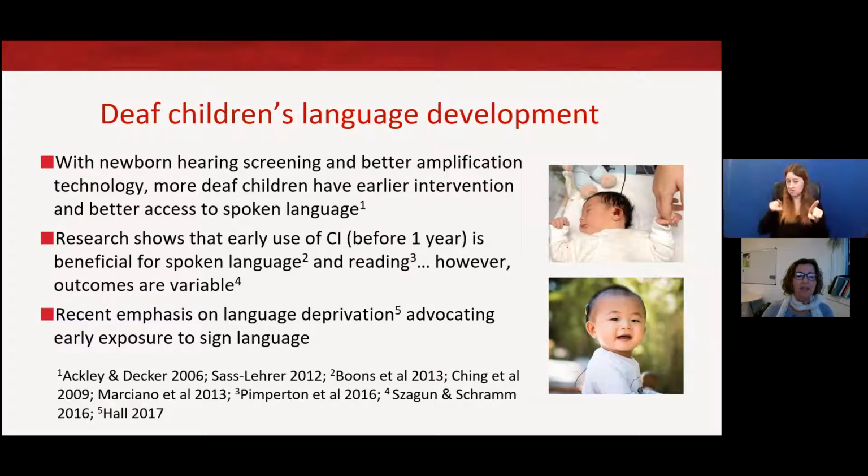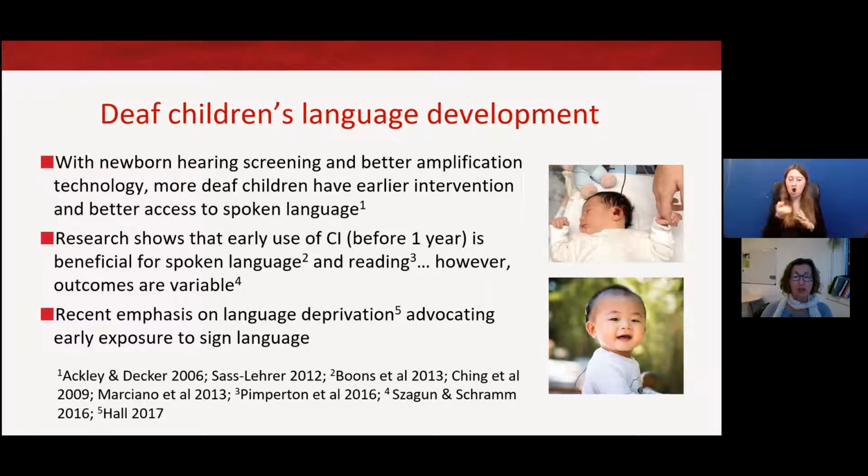There's been a recent emphasis among some researchers on talking about language deprivation. This is where children haven't had access to, or haven't been able to access, a language sufficiently to achieve the normal milestones in development. There have been recommendations that children need to have early exposure to sign language because that's a language they can access.